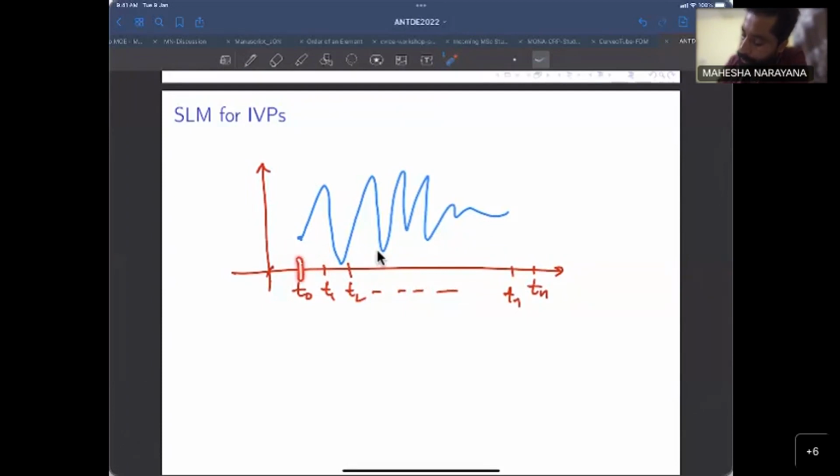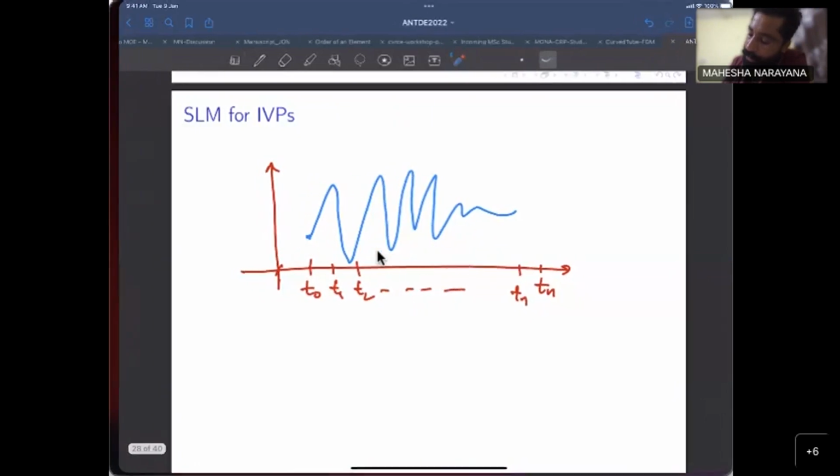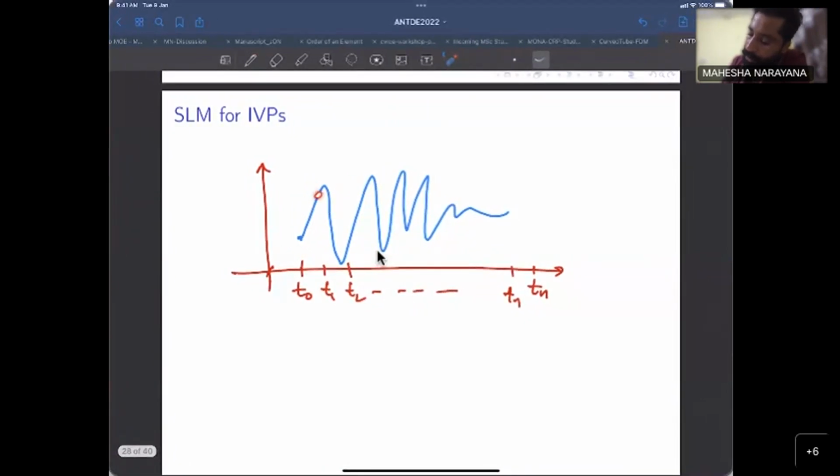You just glue the solutions at that particular internal knot. We use such a technique when we do interpolation. So we glue the solution at the internal nodes. With that, it's easy to handle initial value problems with chaotic nature.